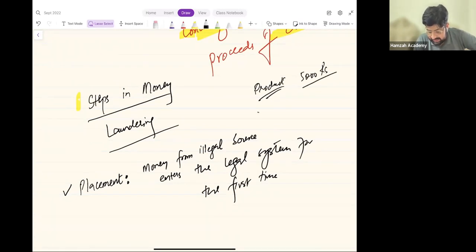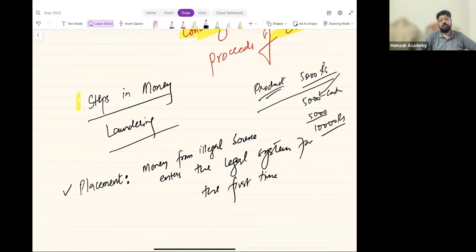The customer pays 5,000, but he records a 10,000 rupees invoice. The extra 5,000 he is adding from an illegal source. Sold for 5,000, received 5,000, recorded 10,000. Placement.